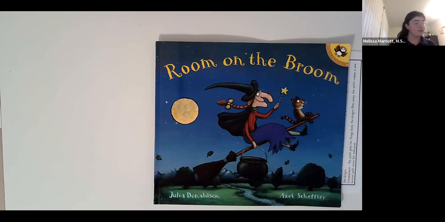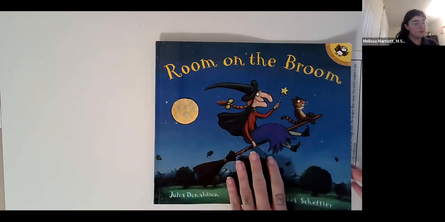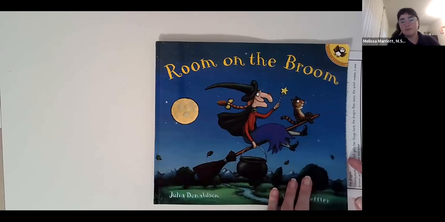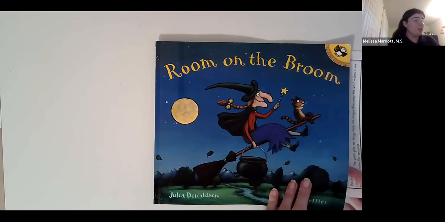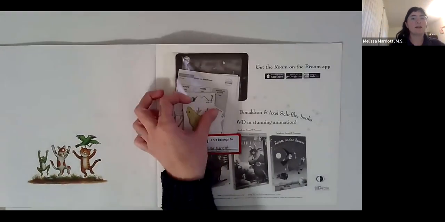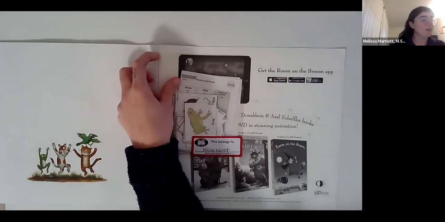There's a lot of good stuff for that in this book as well. So, just because it's a witch and some monsters and her friends doesn't mean that we can't use it for something like friendship.